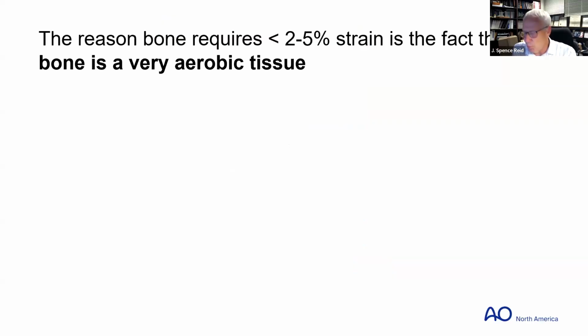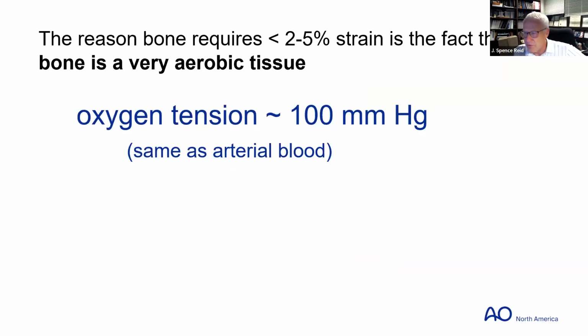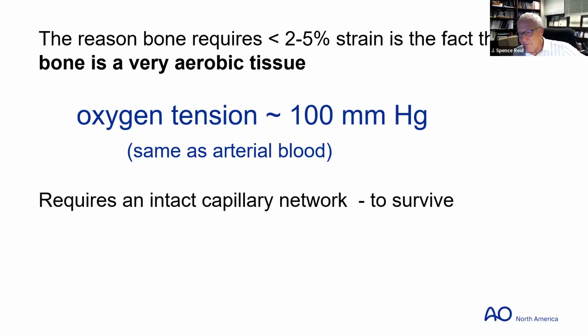Now, something that we don't talk about very often with respect to the strain theory, and the reason it all makes sense, is that bone is a very aerobic tissue. Bone has a resting oxygen tension. If you put a probe in the middle of an osteocyte, it's about 100 millimeters of mercury, the same as arterial blood. And the only way it can maintain that oxygen tension is if there's an intact capillary network to provide that.